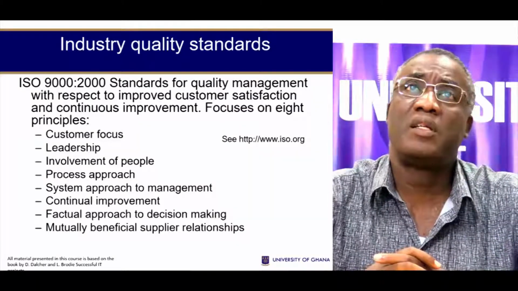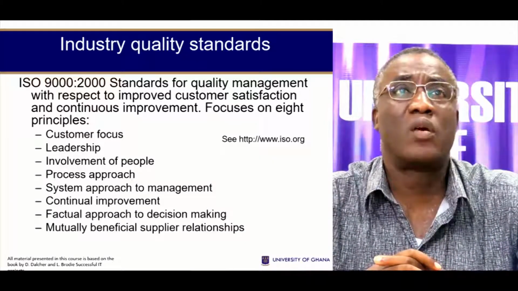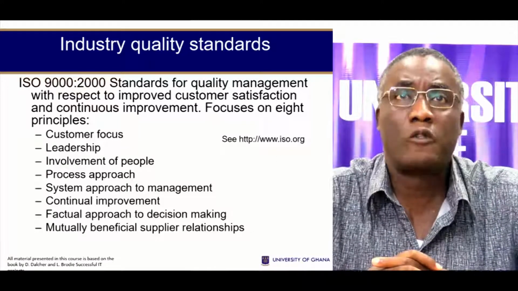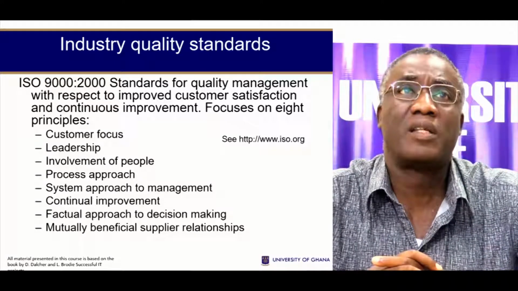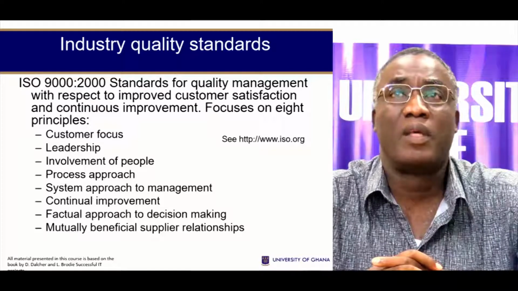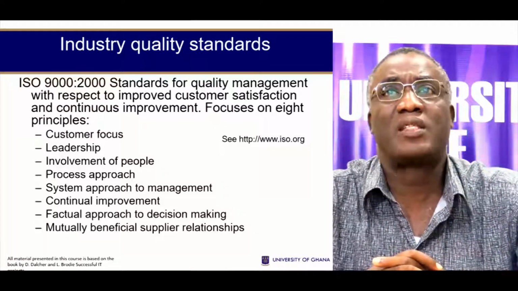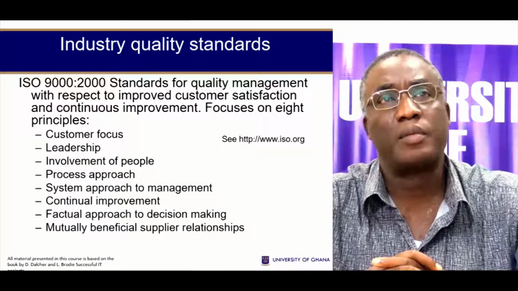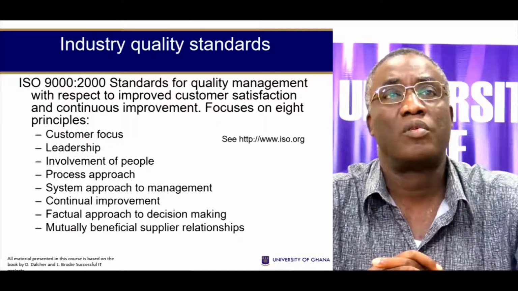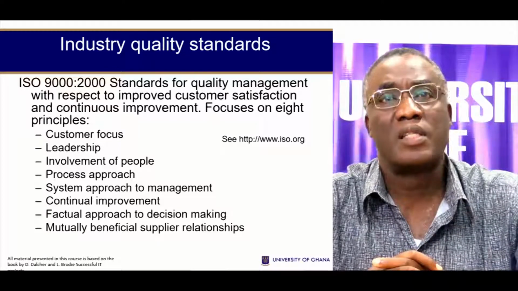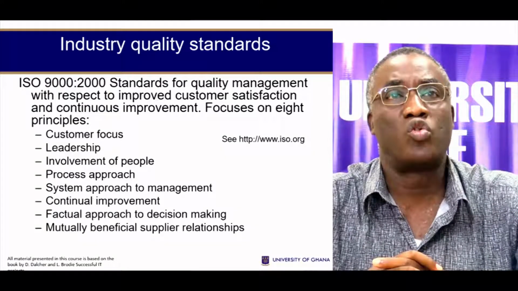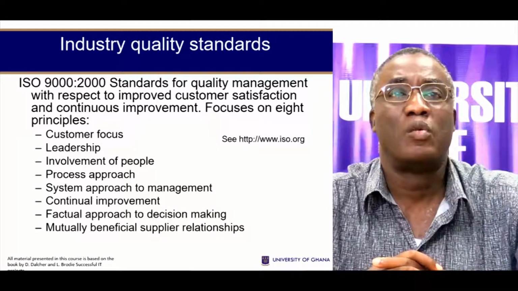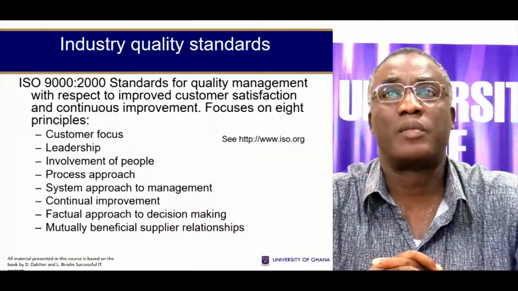There's an important industry quality standard, the ISO 9000-2000, which provides standards for quality management with respect to improved customer satisfaction and continuous improvement. It focuses on 8 principles: customer focus, leadership, involvement of people, process approach, system approach to management, continual improvement, factual approach to decision making, mutually beneficial supplier relationship.